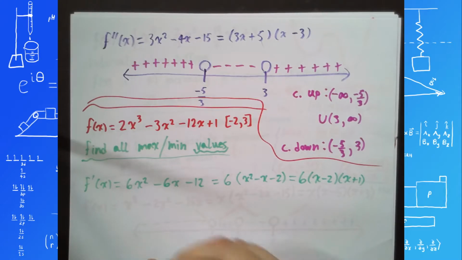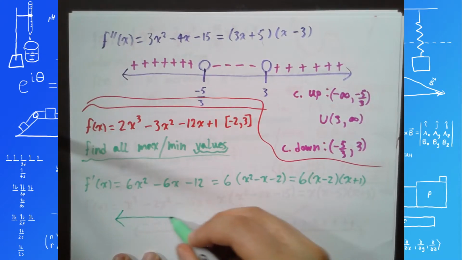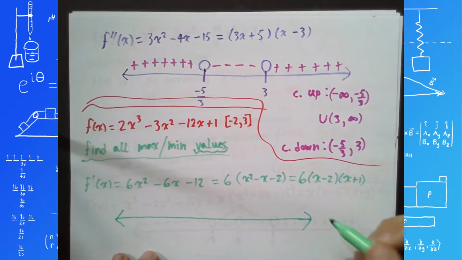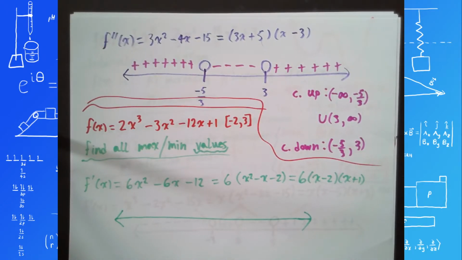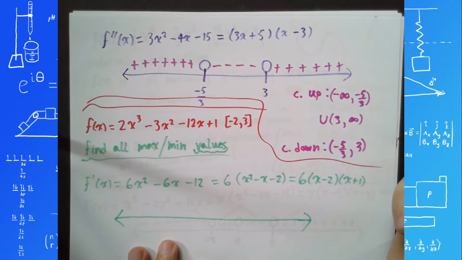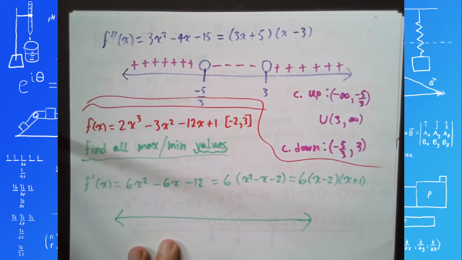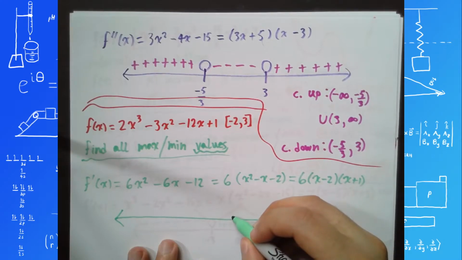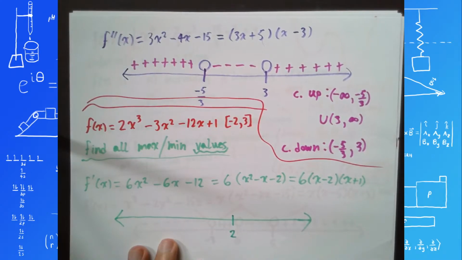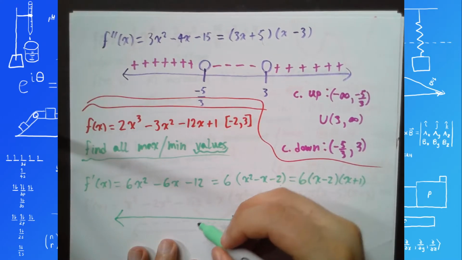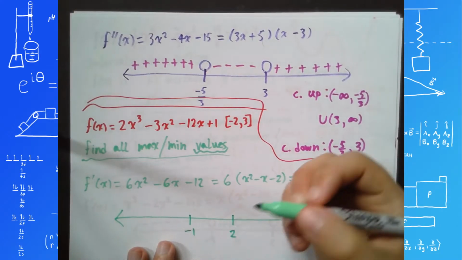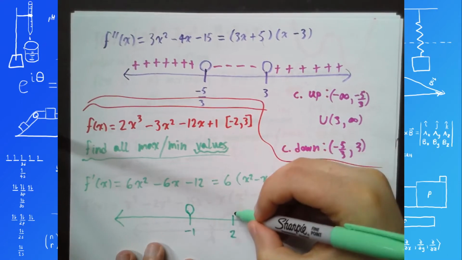Alright, and number line. At least that's the way I like to do it. If you prefer to do it in different ways, that's fine too. But find where f prime of x is equal to 0 or undefined. It's never going to be undefined since it's a polynomial. So where is it 0? It is 0 at x equals positive 2, and it is 0 at x equals negative 1.